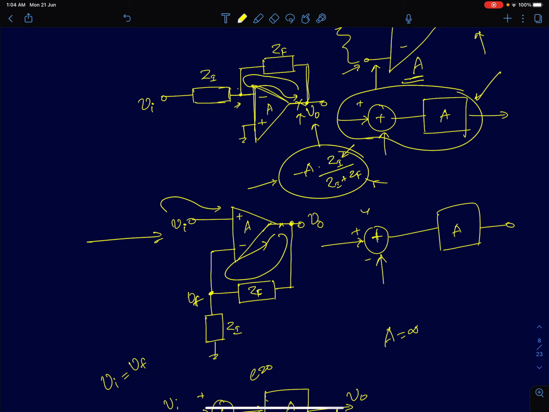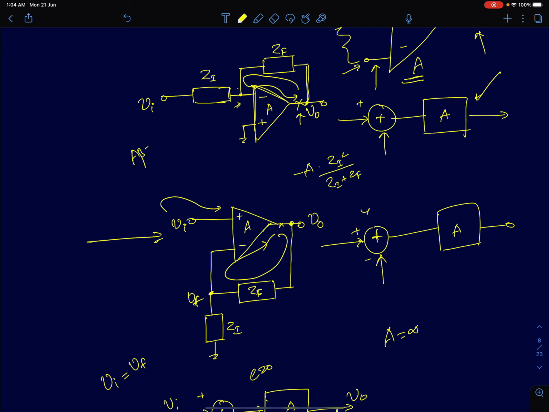Now, if the feedback is negative, we just saw that the error signal will go to 0 if the loop gain A beta is infinity. If A is infinity, and I assume for the time being the impedance ratio is finite, then the loop gain will blow up to infinity. If A beta blows up to infinity, the error goes to 0, which means the voltage at the plus terminal and the voltage at the minus terminal will become equal.